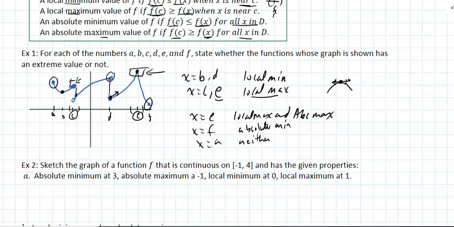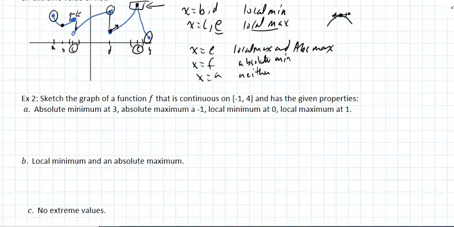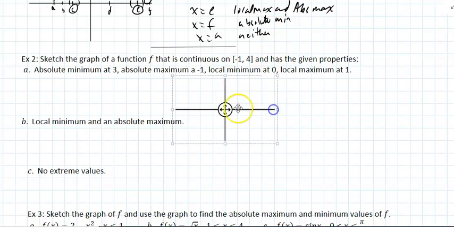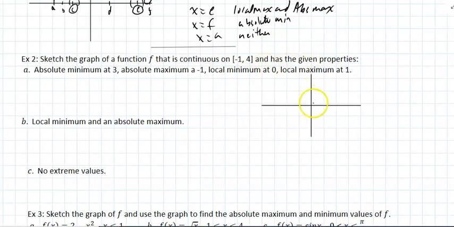Now the next example, we're going to sketch a few graphs. Sketch a graph. There are so many answers to these problems. You could do this so many different ways. So sketch me a graph between -1 and 4.